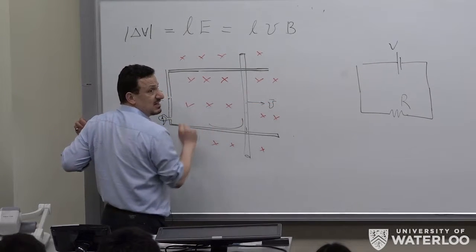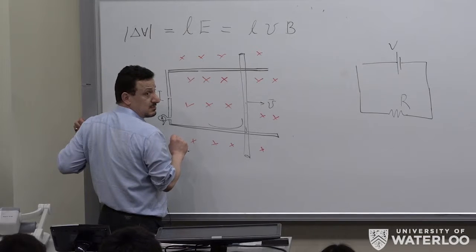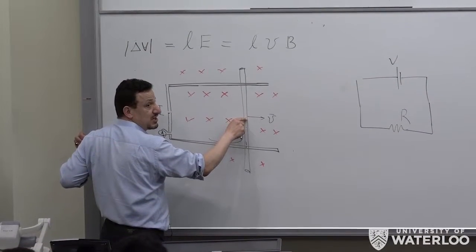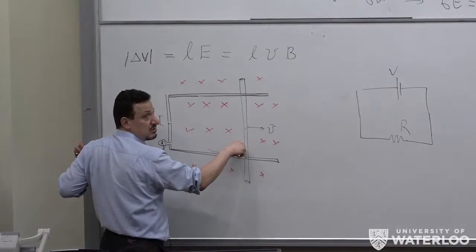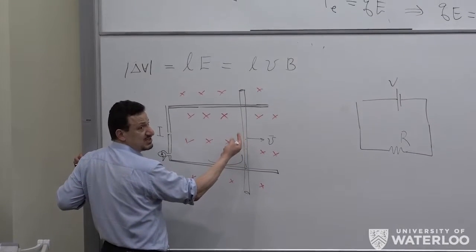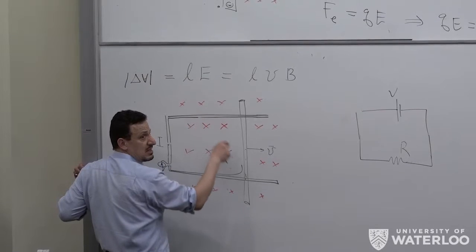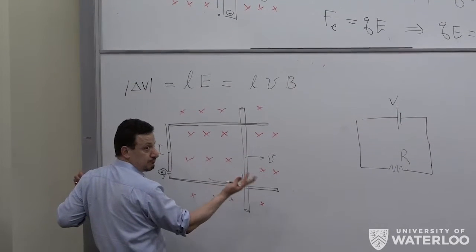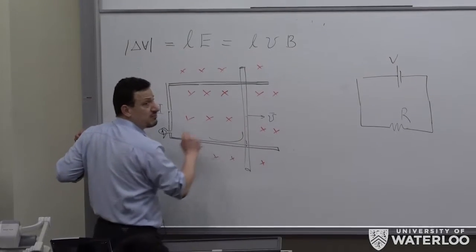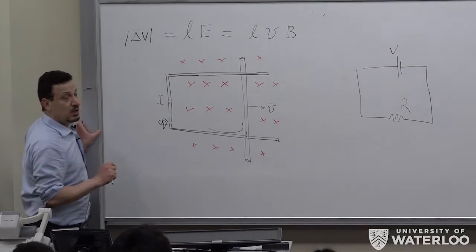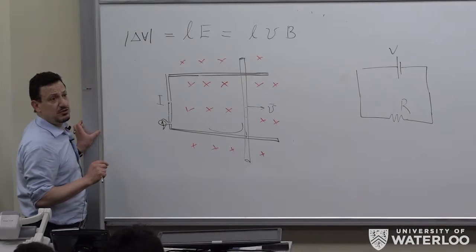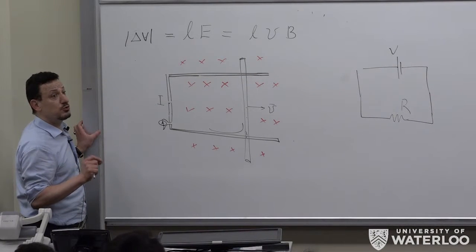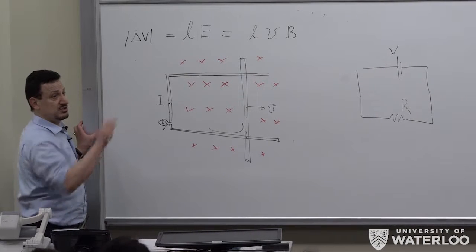I pulled it in that direction, right? So the electrons here will be forced to go in which direction? Down. So plus charges are going up, negative are going down. So you're only moving the bar? I'm only moving the bar. If I don't move the bar, there's nothing happening in this circuit, because there are no forces to push the electrons. Clear?